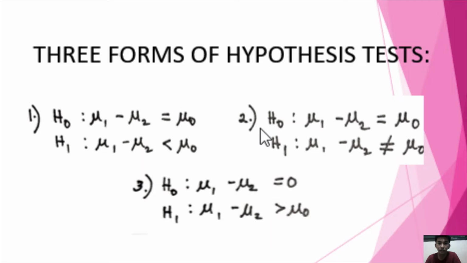And the second is H sub 0: mu sub 1 minus mu sub 2 is equal to mu sub 0. Then H sub 1: mu sub 1 minus mu sub 2 not equal to mu sub 0. Then the third is H sub 0: mu sub 1 minus mu sub 2 is equal to 0. Then H sub 1: mu sub 1 minus mu sub 2 is greater than mu sub 0.